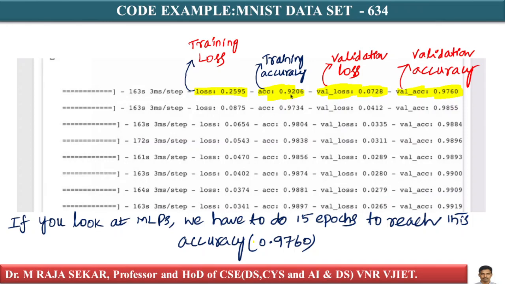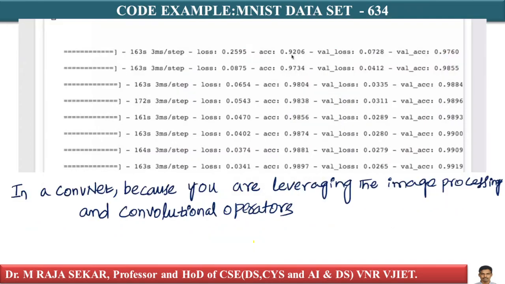In convnets, because you are leveraging image processing and convolutional operators, which are very useful in the case of images, just with one epoch we are achieving 97.6 accuracy.